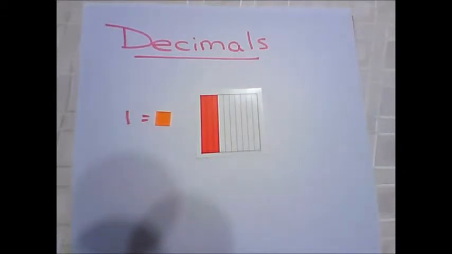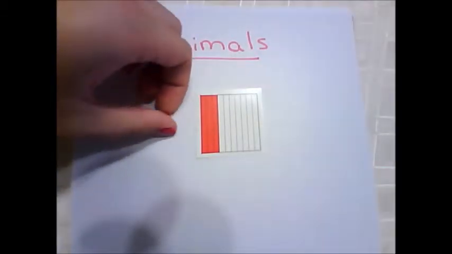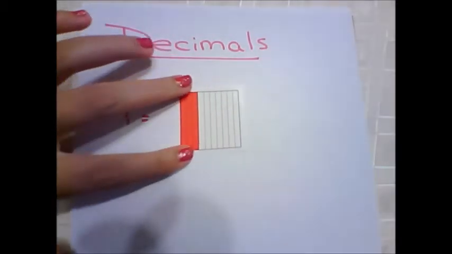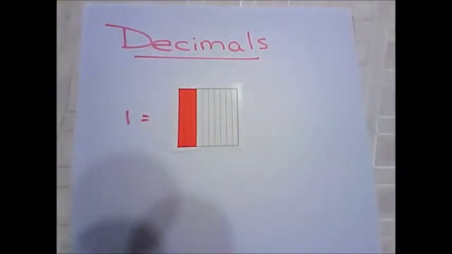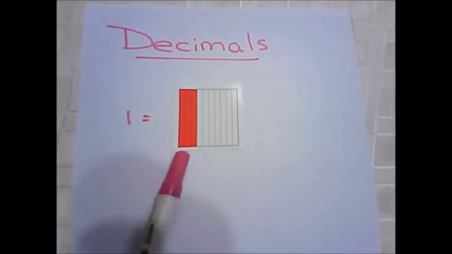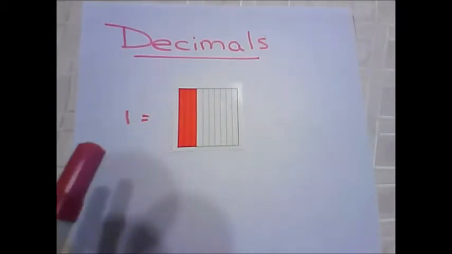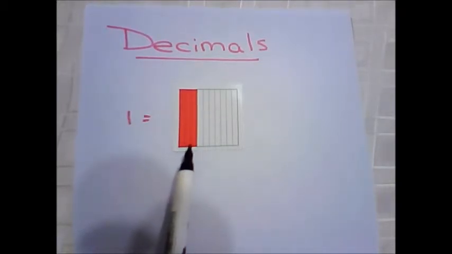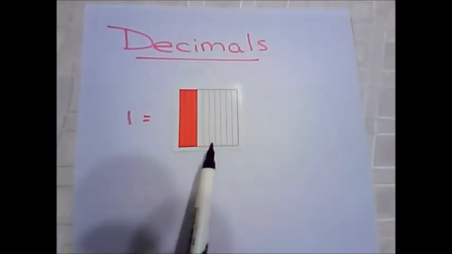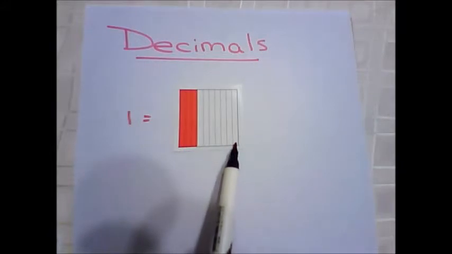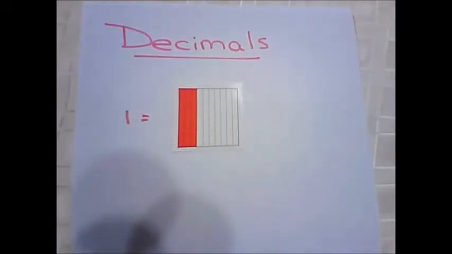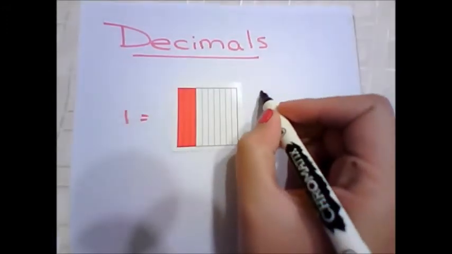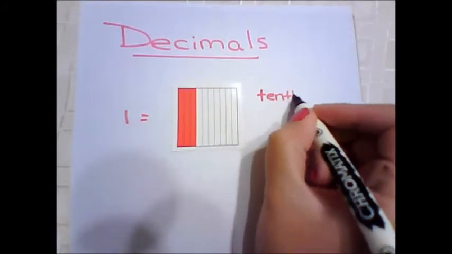So I'm going to take that away, and now we're going to use this as our 1 unit. I separated my 1 unit into 1, 2, 3, 4, 5, 6, 7, 8, 9, 10 even smaller pieces. I separated my 1 unit into tenths.